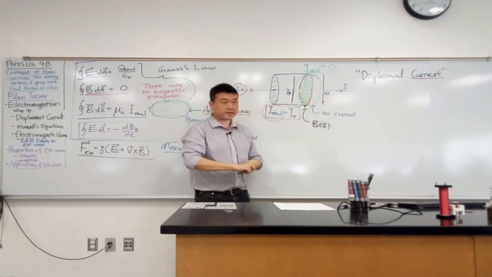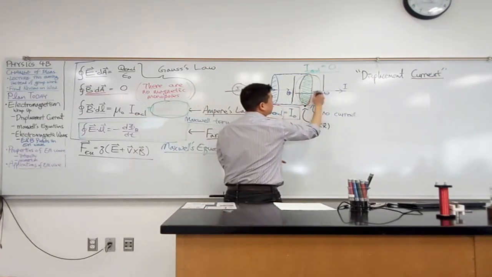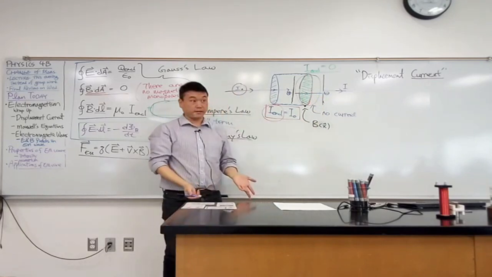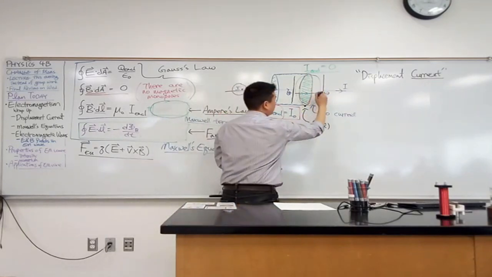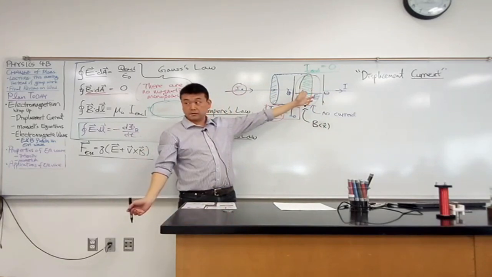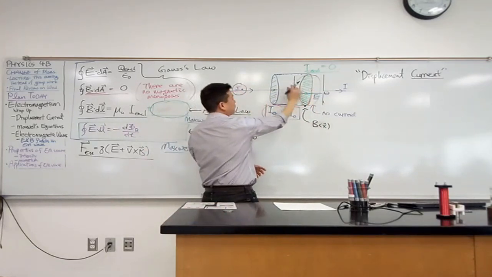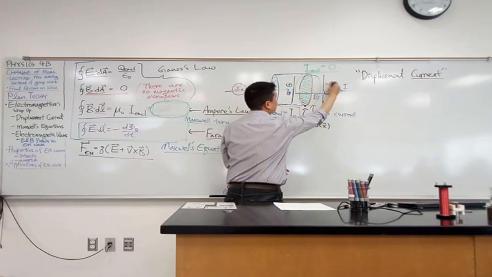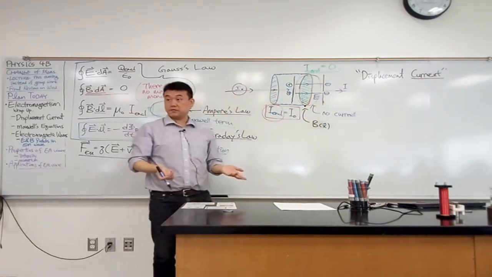But what you do have access to is the electric field that those charges are going to be generating. So let me write down E to make sure it's electric field, it's not current. So as more current comes in, there'll be more charges accumulating, and there will be more electric field generated.